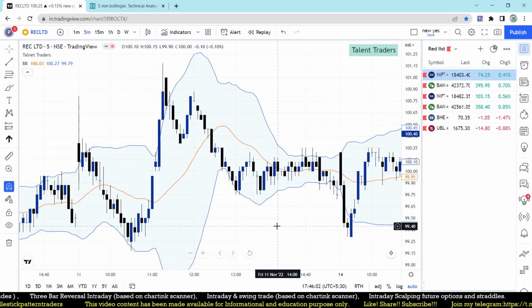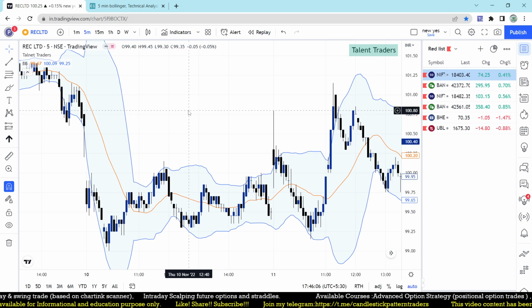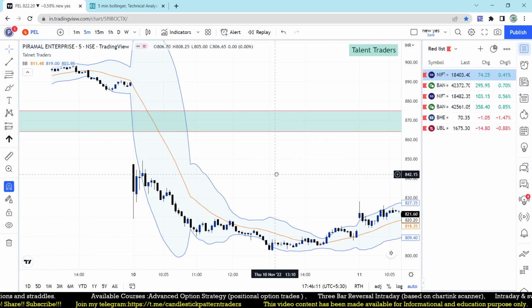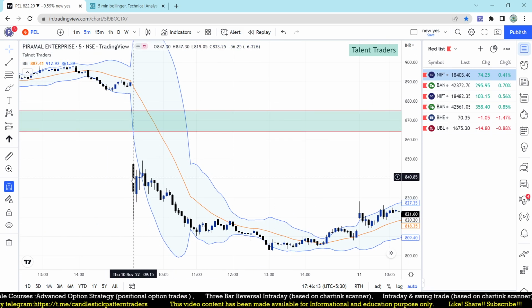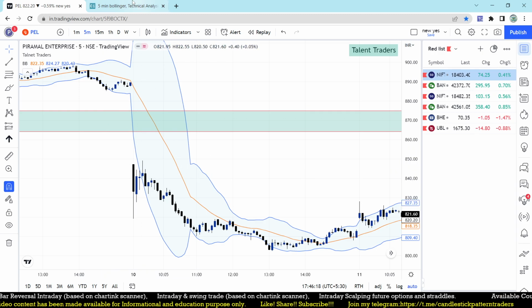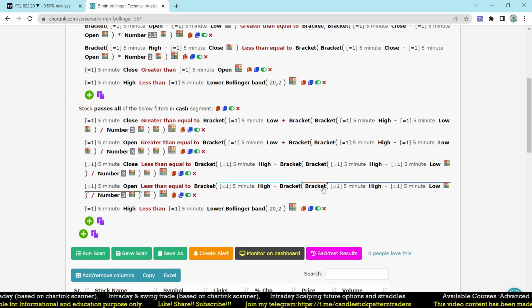We can even change it to a 15 minutes time frame also. I'm going to check 10th November. First one is PEL. What's happening here in PEL? Top on 10th November. Fix here, time frame change. Changing right now.